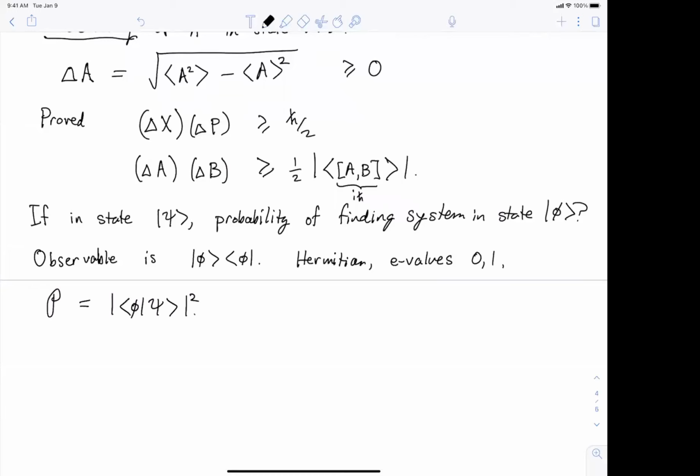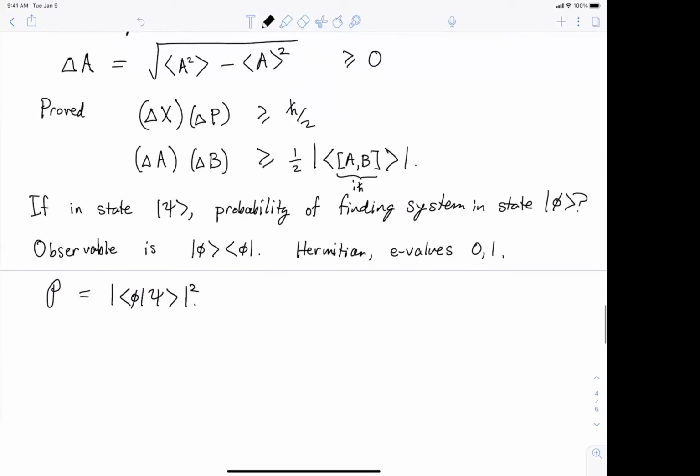Okay, and so you've measured the system by asking whether or not it's in some other state. And after you do that, according to the fifth postulate, afterwards the state has changed. It is now phi because you've measured it to be in that state.